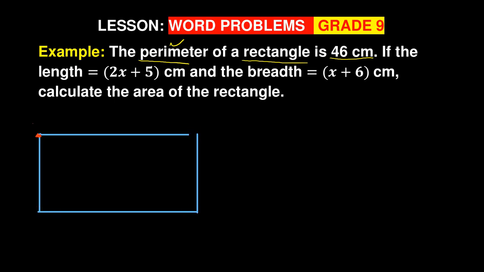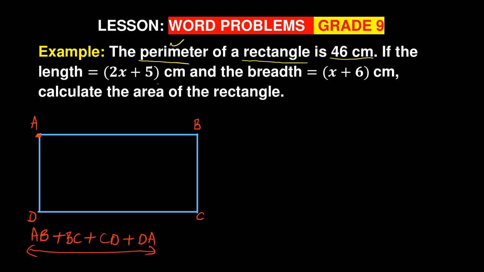So if I had this point as A and this point as B and this point as C, and that point as D. If they say perimeter, it is from A to B, then plus B to C, plus C to D, and plus D to A. So perimeter is the distance right around the shape, as I'm trying to indicate.